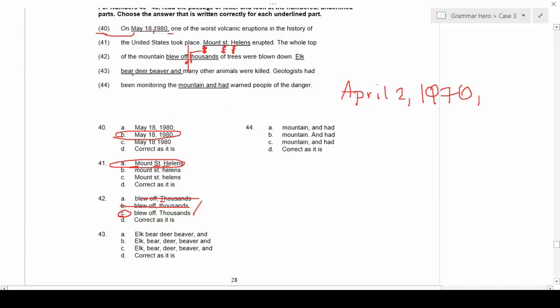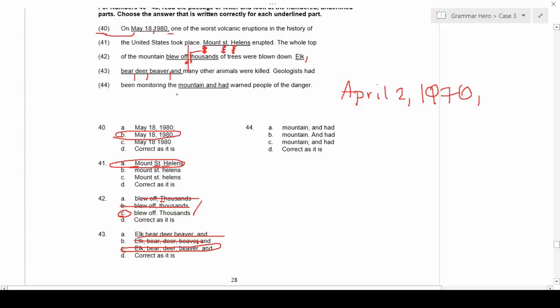Elk, bear, deer, beaver, and many other animals were killed. You have to separate all these with commas since they're in a list. So comma, comma, comma, comma. And we find that one right here. Don't get tricked because they forgot to put a comma there. That's not correct. Not correct.